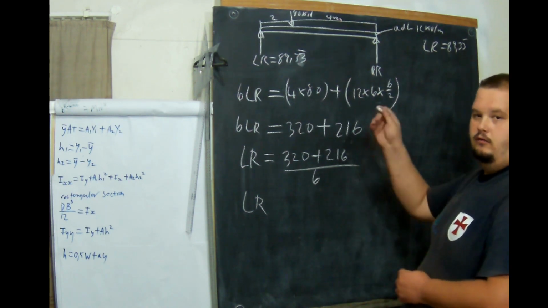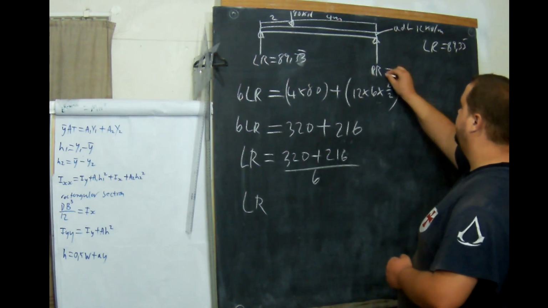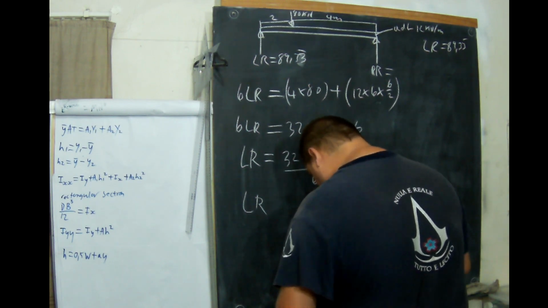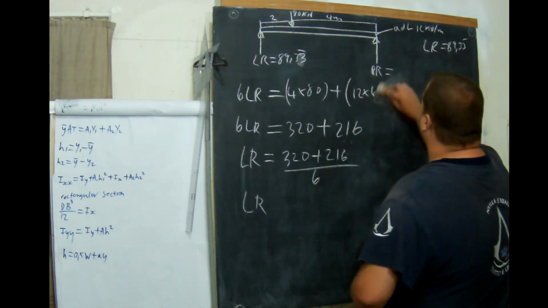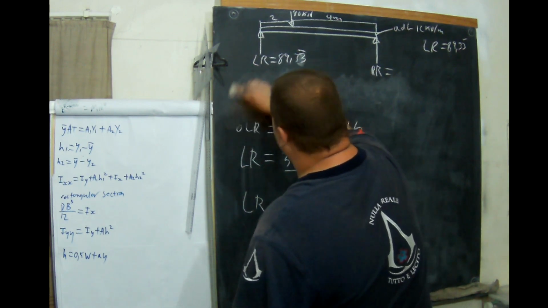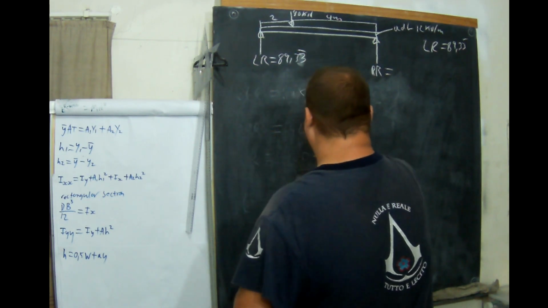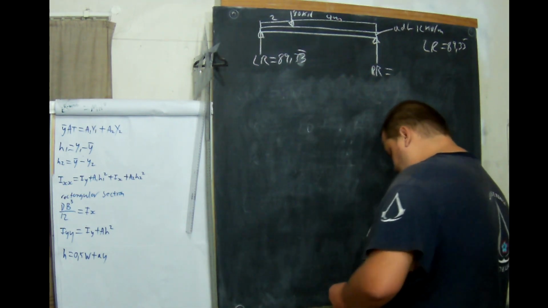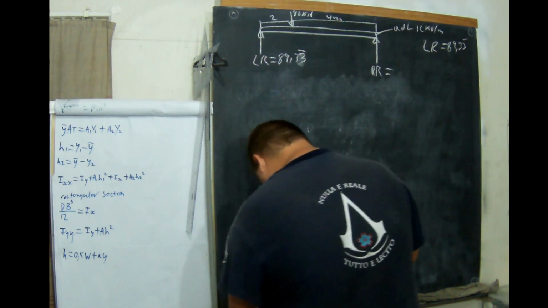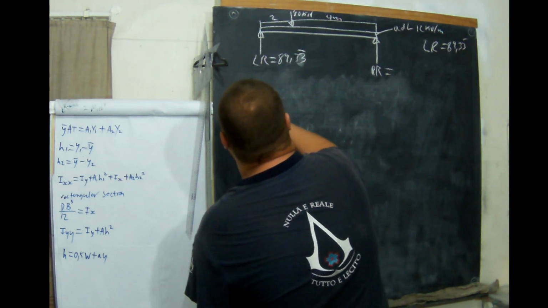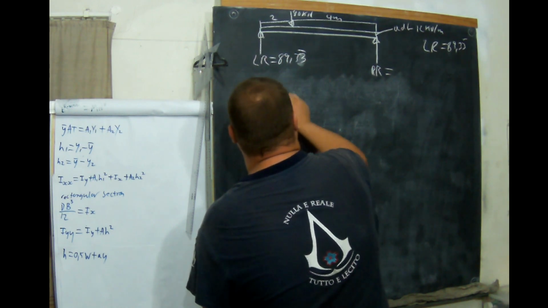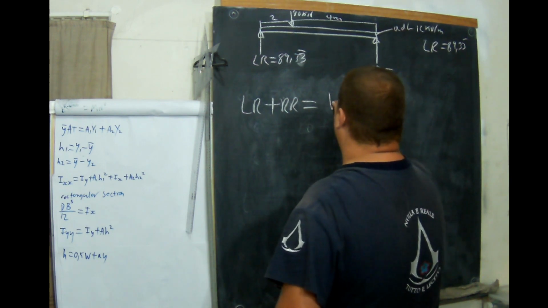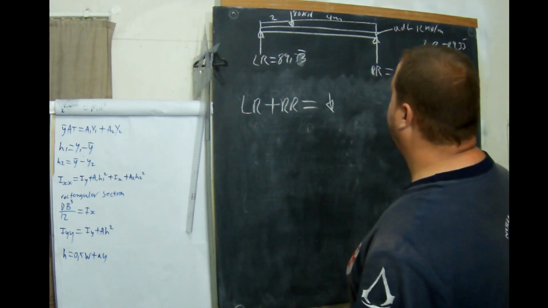We don't have to go through the whole rigmarole calculation again. So LR plus RR equals the down.